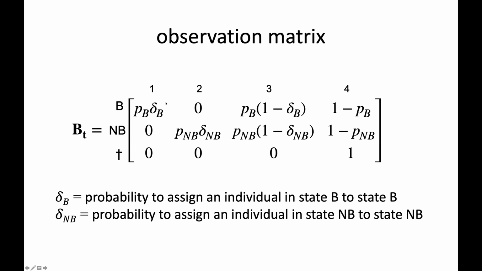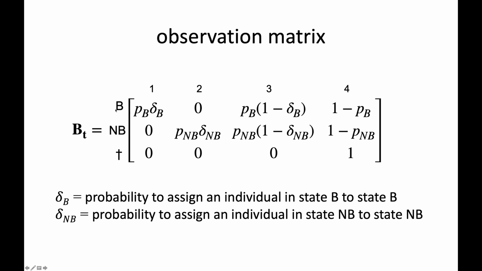And so it makes perfect sense because, for example, again, the states in rows, observations in columns. Let's say this one, the probability of being detected and assigned to the state B. So it's 1 here, okay?